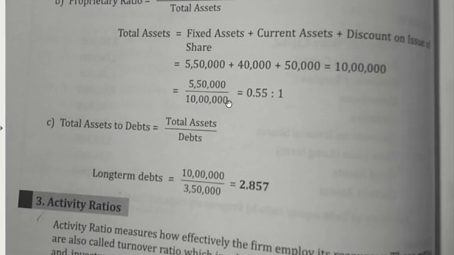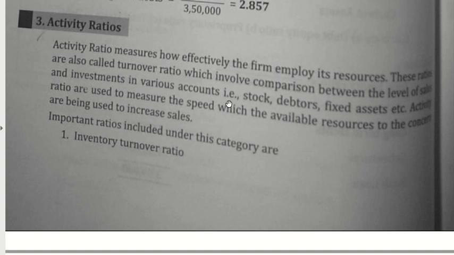So let us look into our next set of ratios, which is activity ratio. So activity ratio basically tells how the firm has employed its resources. What kind of resources are we talking about? Stock, debtors, fixed assets, etc. These ratios are also called turnover ratio.